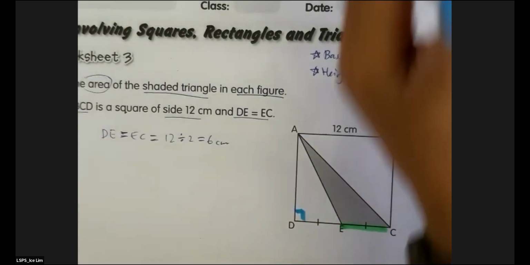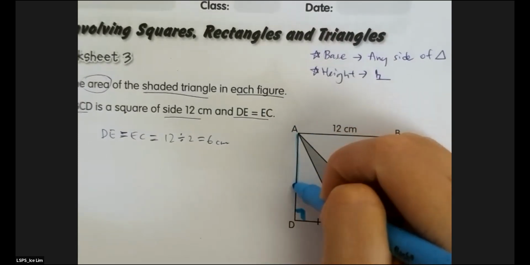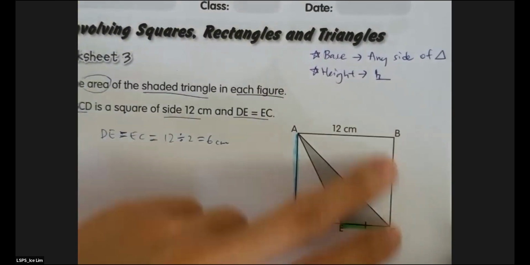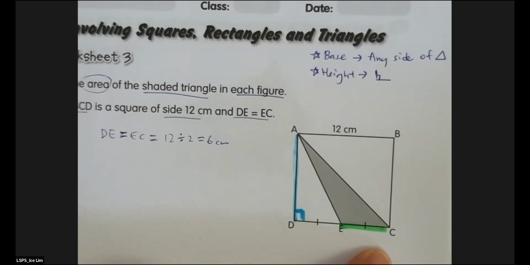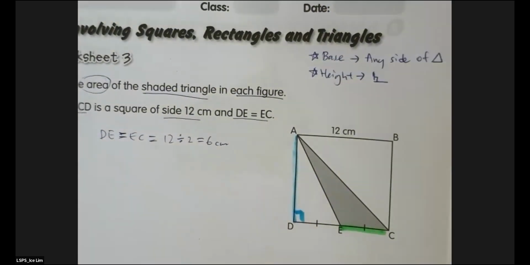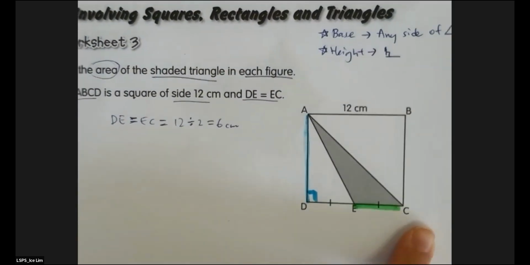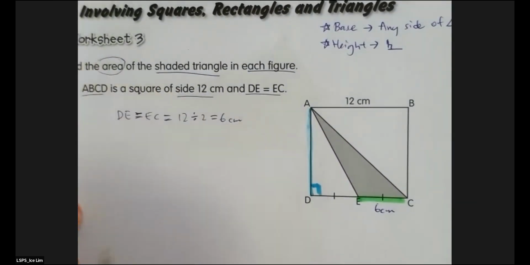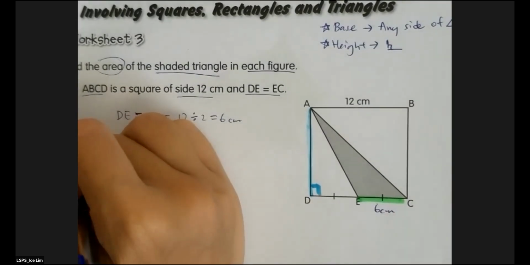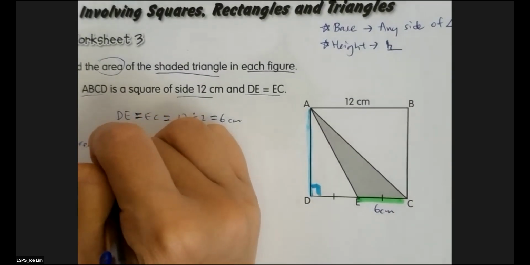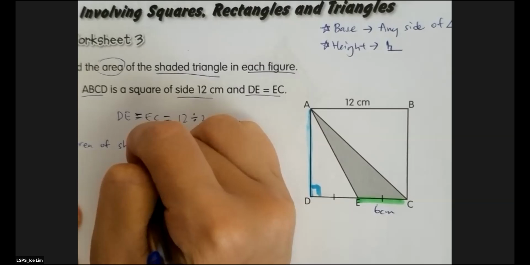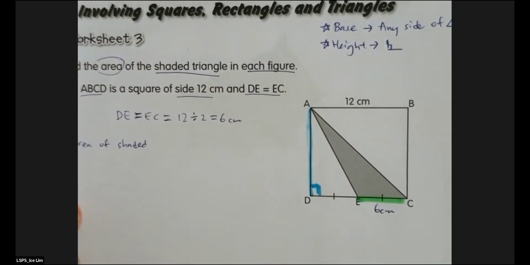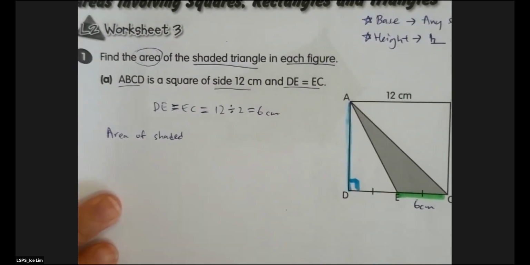So in this case, the height is AB, or BC. BC also can. In this question, one step can? Yes. So the area of the shaded triangle, please copy exactly. Do not save on the words.